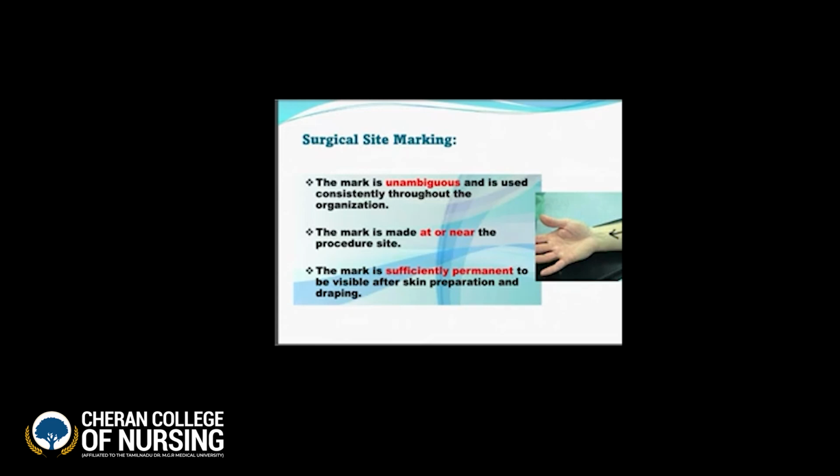The mark should be very clear, made at or near the procedure site, and sufficiently permanent to be visible after skin preparation and draping. So after sterile draping, making the sterile field, this marking should remain visible, so there is no doubt about the procedure site. These are regarding the surgical site marking.